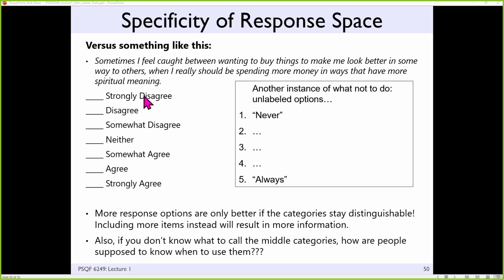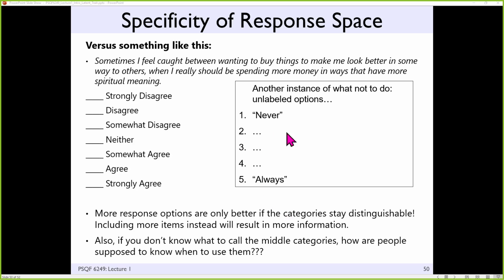The other thing I've seen that I don't like, for instance, is this. 1 is never and 5 is always. What's 2? What's 3? If you don't know what 3 is, how are they supposed to know? If you really don't want to do numbers, make a slider bar. Make it truly continuous so they don't have to think about what numbers or words mean.